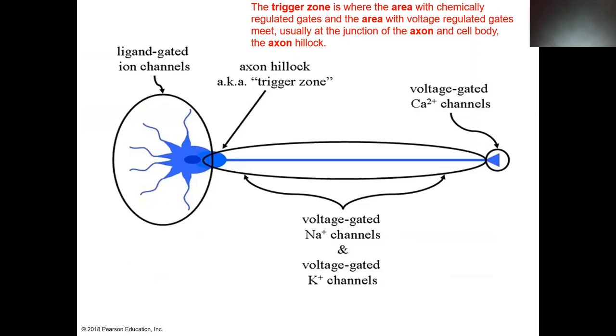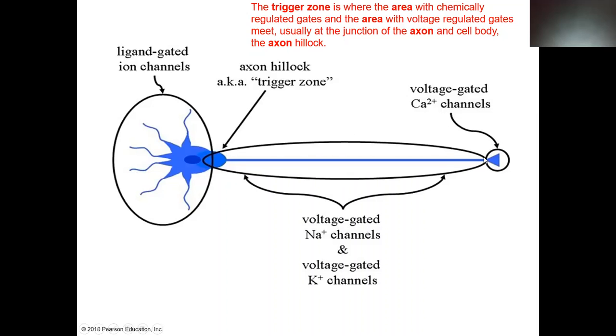You can see here that, as we said earlier, the cell body and the dendrites is where we would have ligand gated channels. Along the axon, and in the axon hillock, is where we're going to have those voltage gated channels, specifically for our sodium and our potassium, since those are the key players helping us to make this action potential.